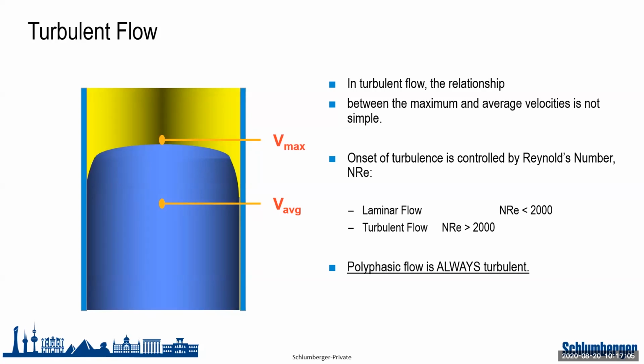Now, how do we know whether the flow is going to be laminar or turbulent? This is based on something called the Reynolds number. Whenever the Reynolds number is less than 2000, this is considered laminar flow. Whenever the Reynolds number is more than 2000, we consider this a turbulent flow. And again, polyphasic flow is always turbulent or transition.